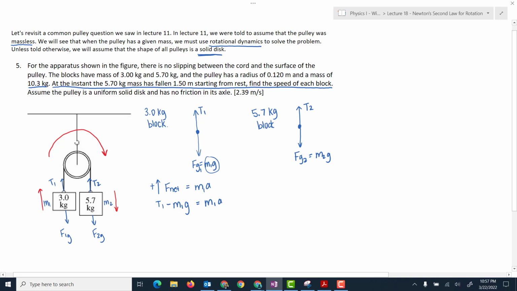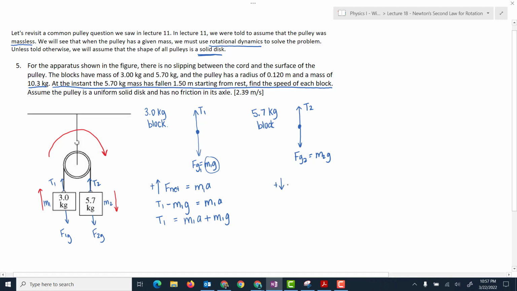Now let's rearrange to solve for T1. I'm just bringing the m1g to the other side. I have to change the sign, so it becomes m1a plus m1g. Then I'm going to do the same thing for the 5.7 kilogram block. This time, the downward direction is going to be the positive direction because that's the direction the 5.7 kilogram block is actually moving.